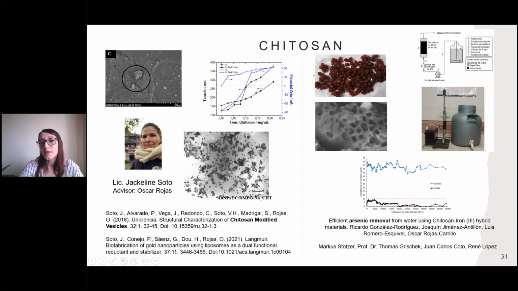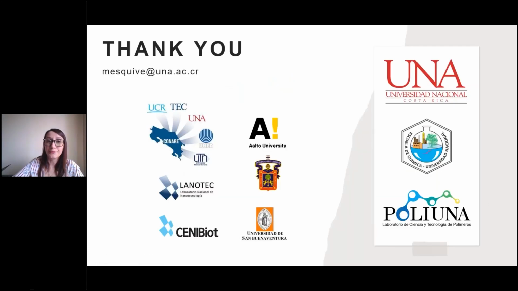And also with chitosan, you can get this type of beads. Those are beads of chitosan and iron. Those beads were applied to arsenic removal in water. So it has a lot of applications.